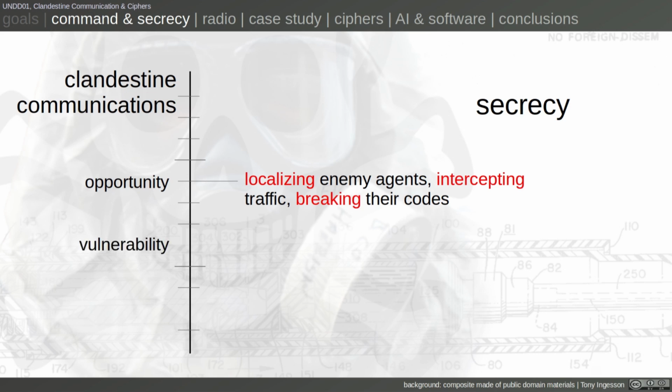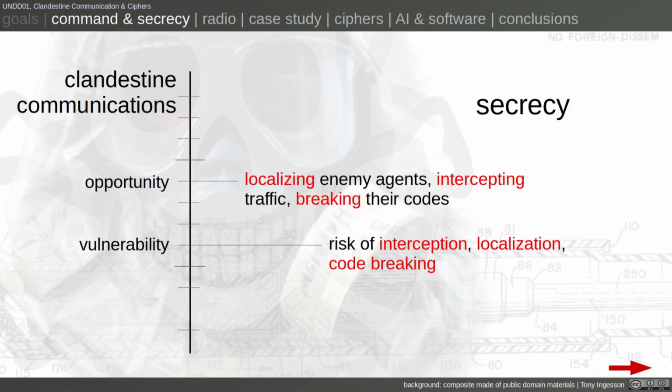But the same thing also means that there is a vulnerability. You too may find your communications intercepted, localized, and your codes broken. So you need to be able to both exploit this vulnerability in your opponent, but also protect your own communications at the same time to prevent your enemy from doing the same thing to you.